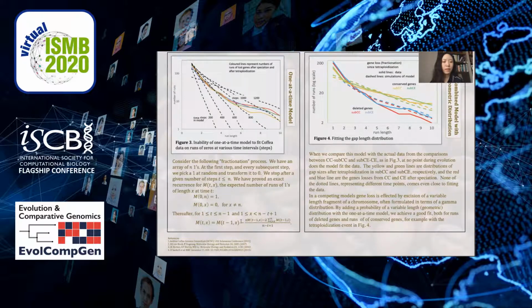m_{t-1}(x) represents the number of runs of length x at the previous time. m_{t-1}(x) over the current total length gives the probability that the new deletion is located in some run of length x. x times the probability returns the expected value of lost runs.